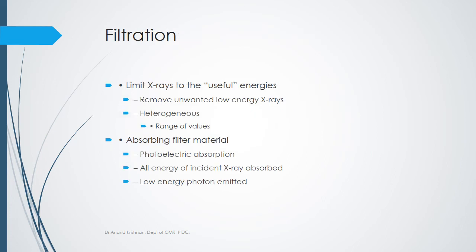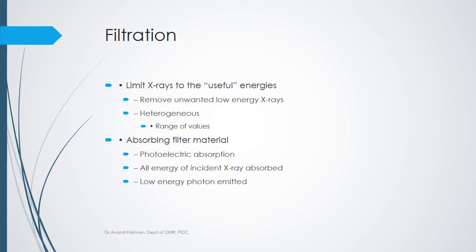Filtration, we talked about filtration prior. It is to limit the X-rays only to the useful energies. We do not want low energy photons or energy packets which cause artifacts in our films. We want only a desirable amount of energy electrons to produce an image. So to filter out all these unwanted low intensity X-rays, we use something called a filter.